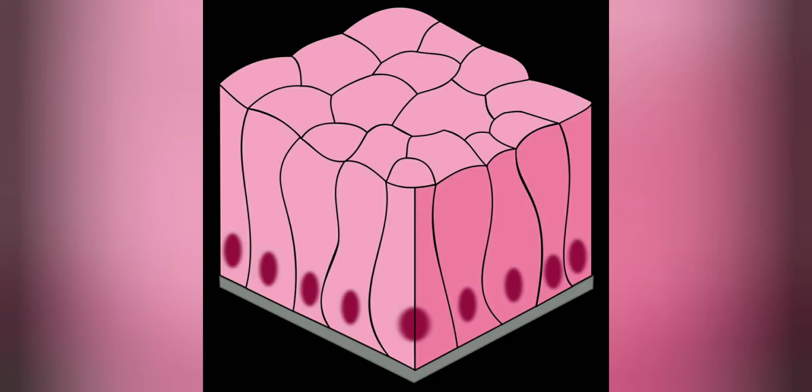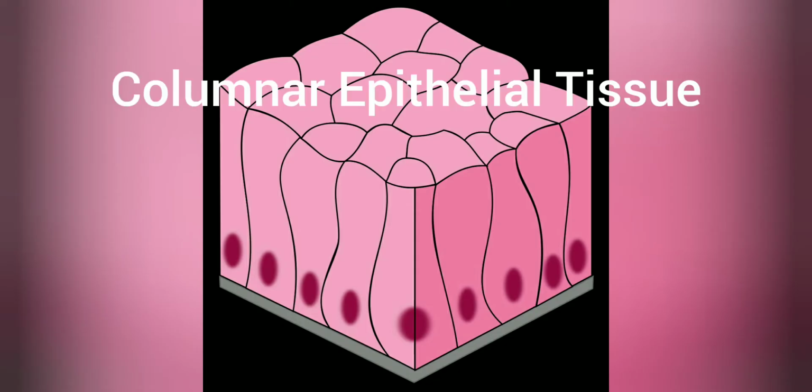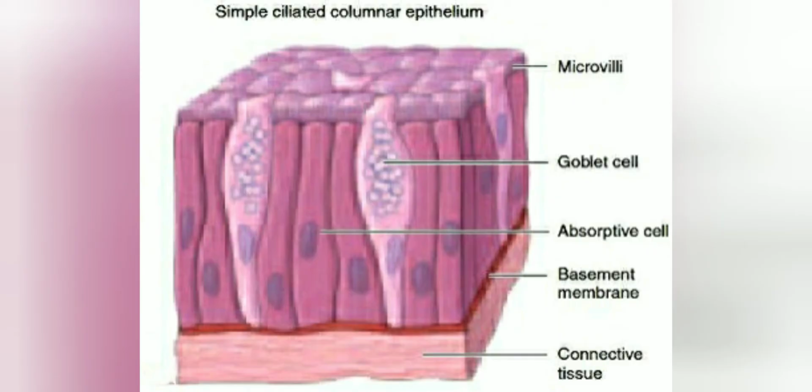Next one is columnar epithelial tissue. Columnar epithelial cells are tall, pillar-like. Inner ends of these cells are narrow, while free ends are broad and flat. Free surface shows a large number of microvilli.